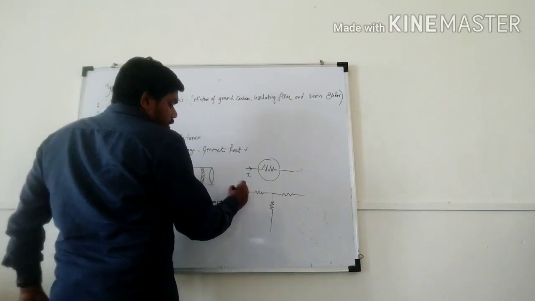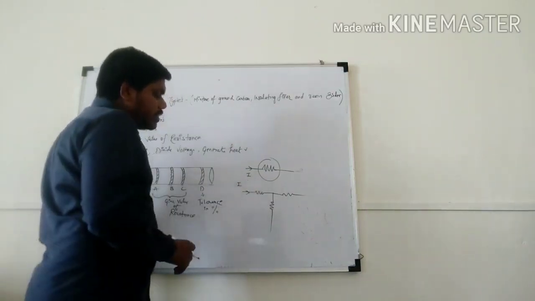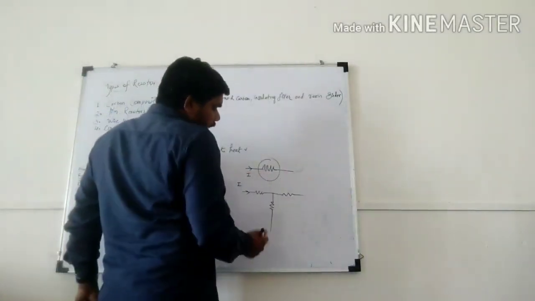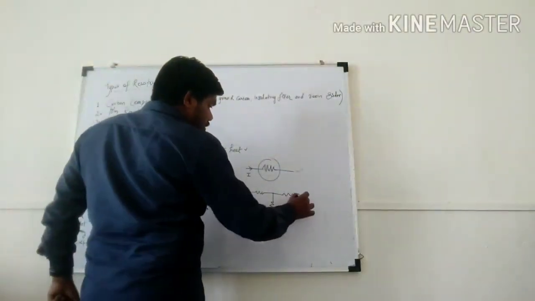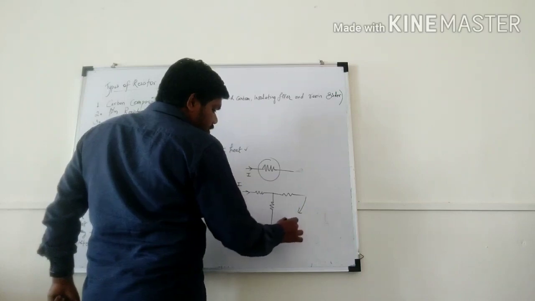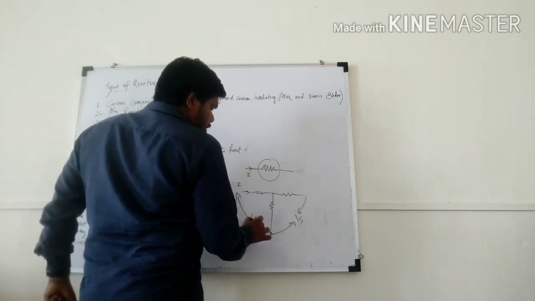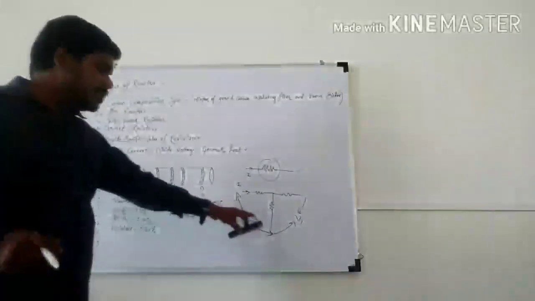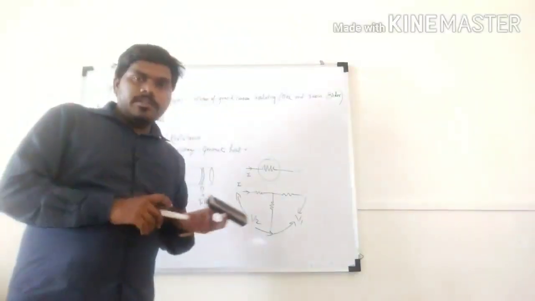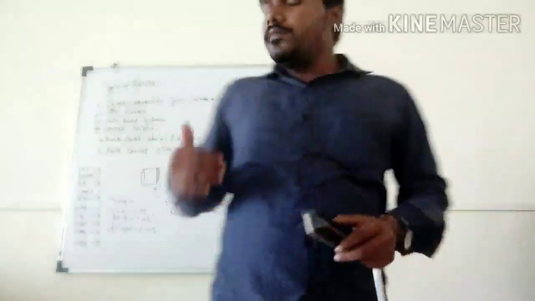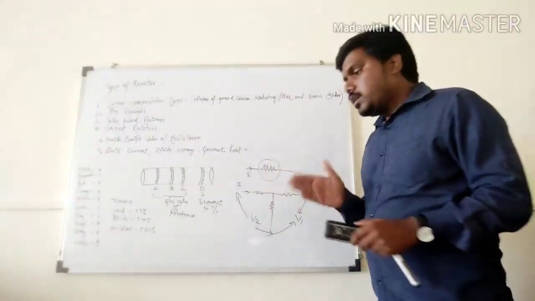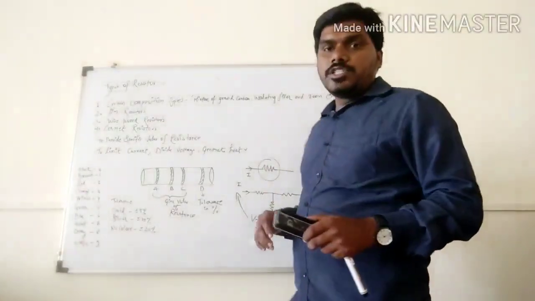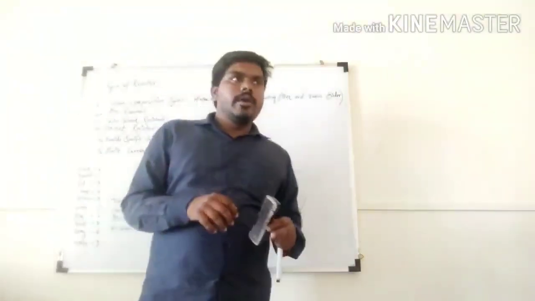If my current is flowing like this, it can be divided here, and also the potential difference, which means the voltage, can be different because of this resistance value. The current is divided, and the potential difference also gets divided.